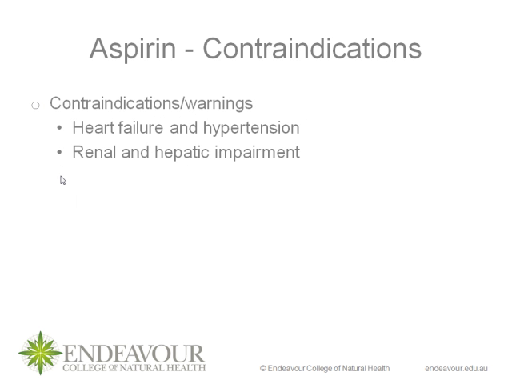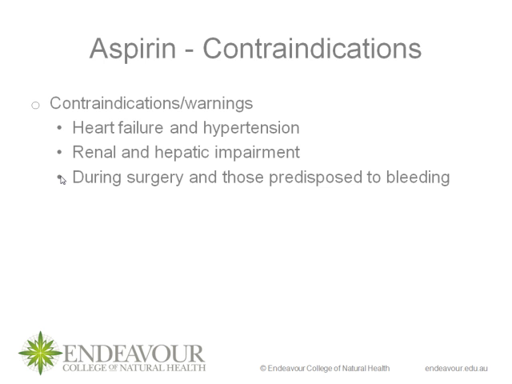Specific contraindications for aspirin. It is contraindicated in people with hypertension. It does have those vascular effects where that could worsen the condition, and so as a consequence also contraindicated in heart failure. We've already mentioned that for most of the non-steroidal anti-inflammatories, particularly the salicylates, contraindicated in renal and hepatic impairment.